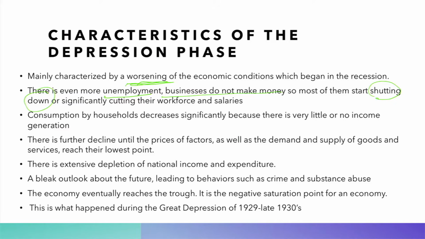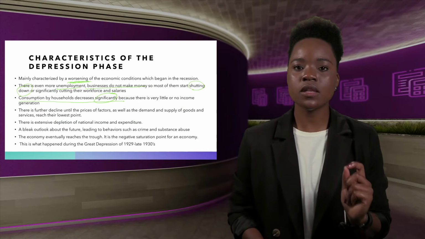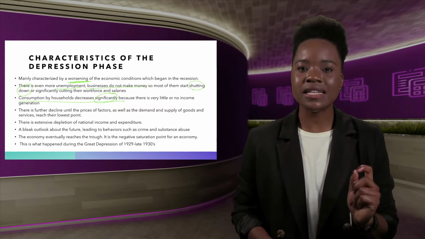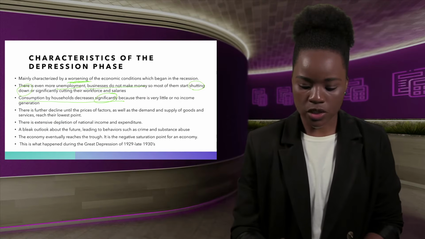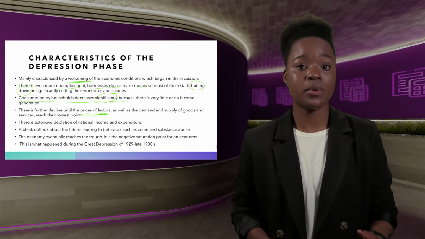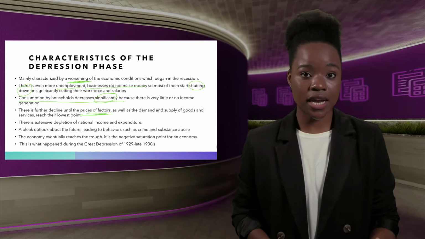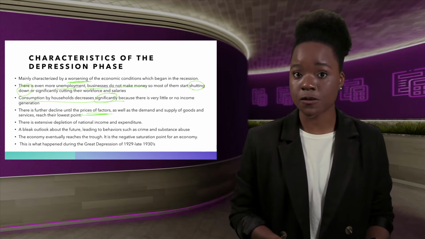We also have consumption by households decreasing significantly. And these are the words we are looking for when we are marking things such as worsening, significantly decreasing. These are the words that will show the marker that you understand that a depression is very different from a recession. We also have a further decline in the price of production factors, such as the natural resources we use in production.